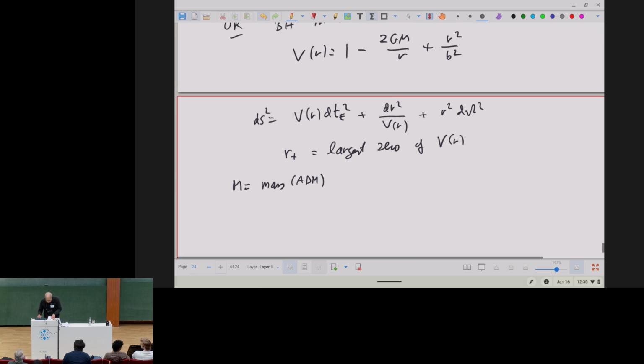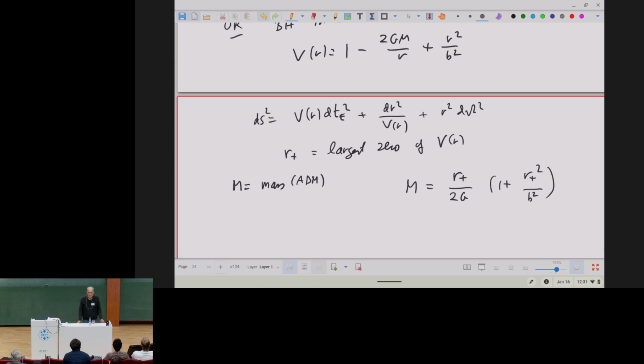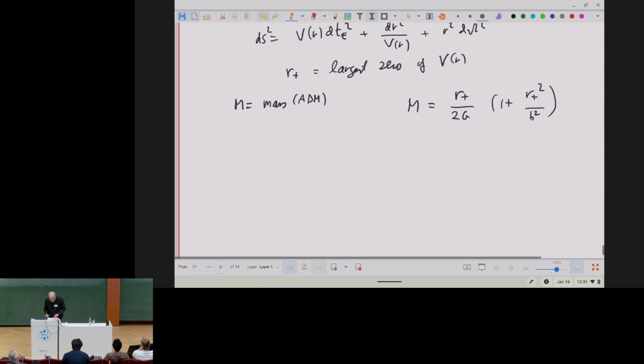With r plus being the largest zero, you can solve for M in terms of r plus, and you'll find that M is (r plus over 2G) times (1 + r plus squared over b squared). So that formula shows you that as r plus increases from 0 to infinity, all values of M occur precisely once. And that monotonicity is related to the fact, as we'll see in a second, that the thermodynamics can be stable. Well, it will be stable if r plus is sufficiently big.